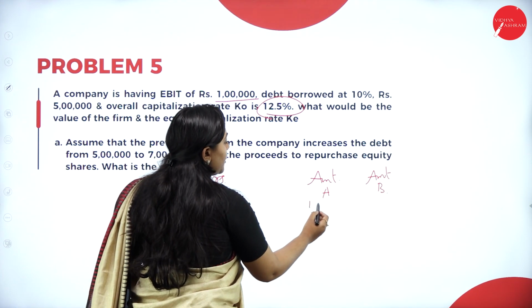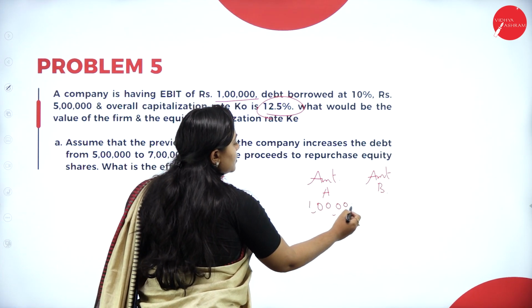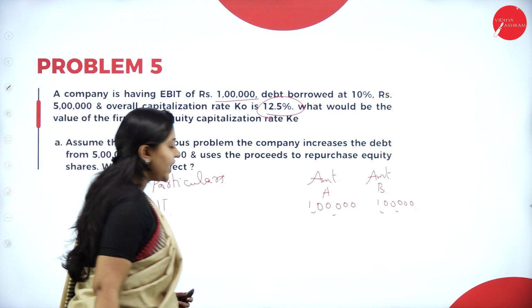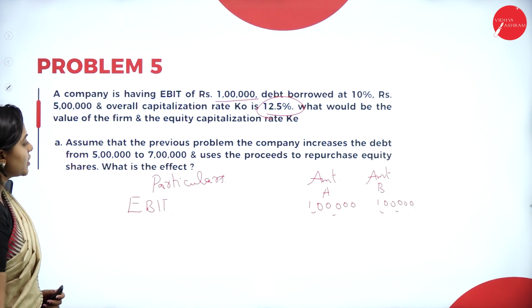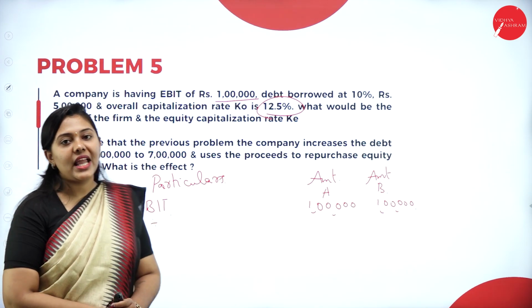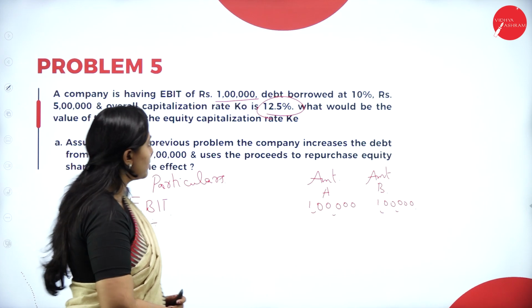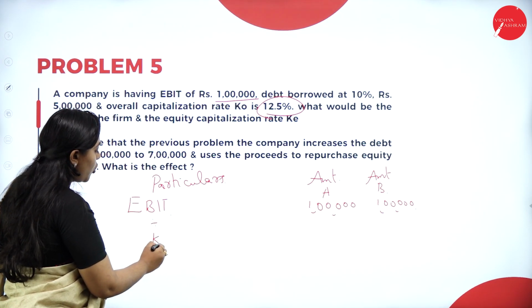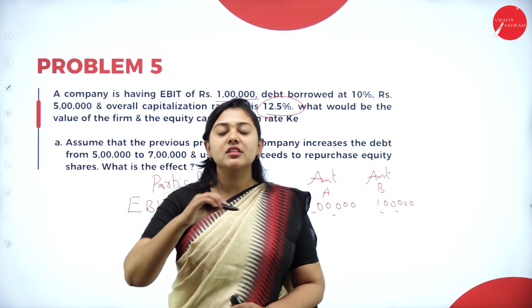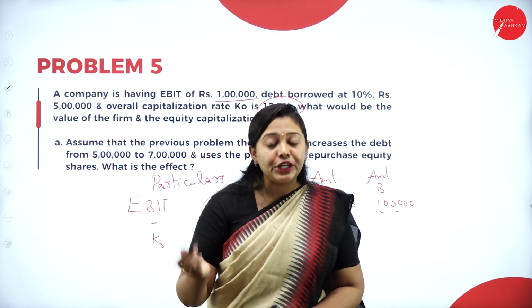Next, you have to divide by the overall capitalization rate. So what is the overall capitalization rate? KO is 12.5%.